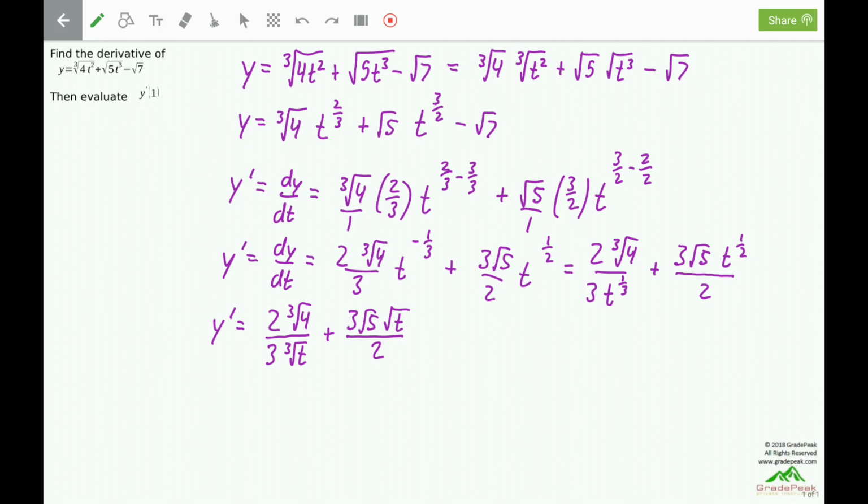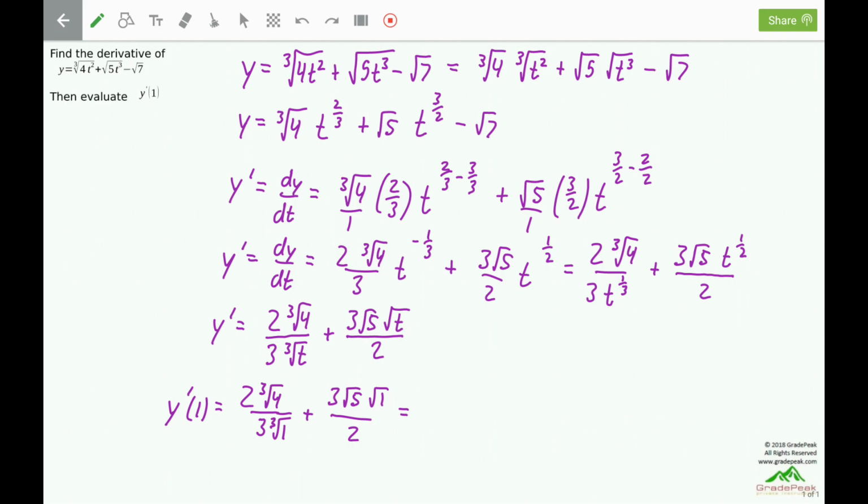We're now going to evaluate y prime of 1. That means to plug a 1 in for each of the t's. 2 cubed root of 4 over 3 cubed root of 1 plus 3 square root of 5 square root of 1 over 2.